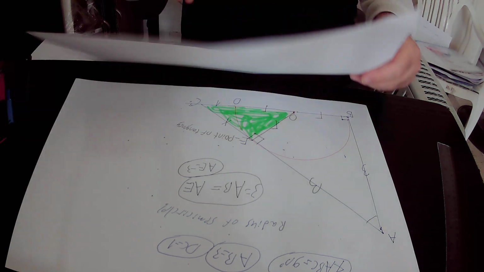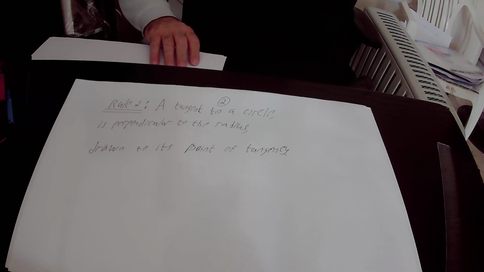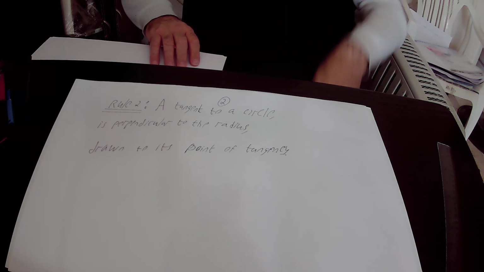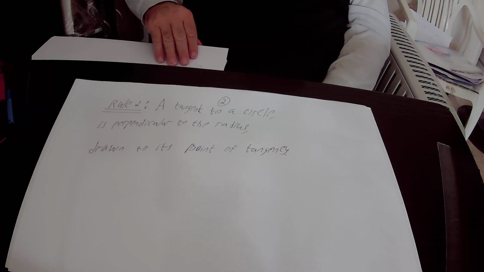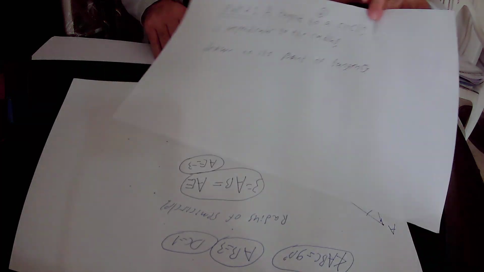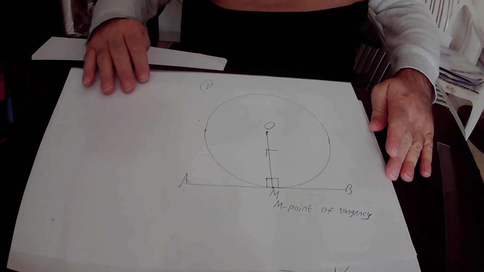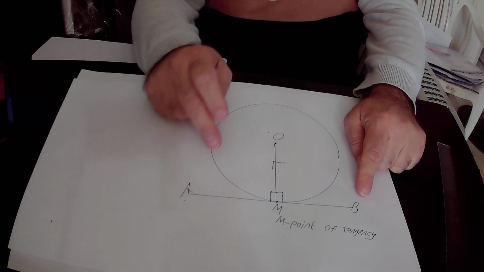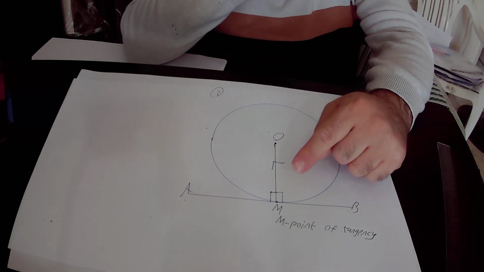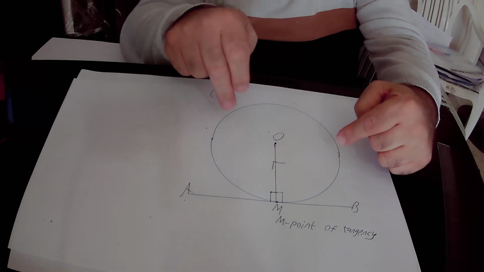Okay, then I presented to you rule number 2. Rule number 2 states that a tangent to a circle is perpendicular to the radius drawn to its point of tangency. What is the meaning of rule number 2? If we have this circle, the tangent AB is tangent to this blue circle at point M. Point M is the point of tangency.